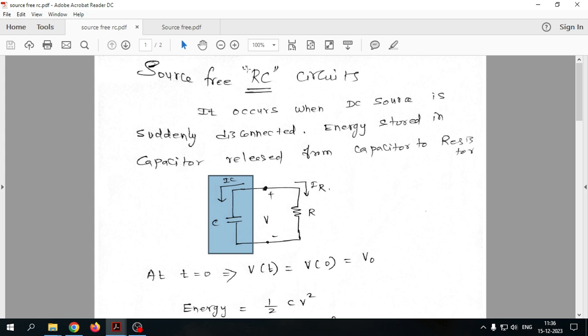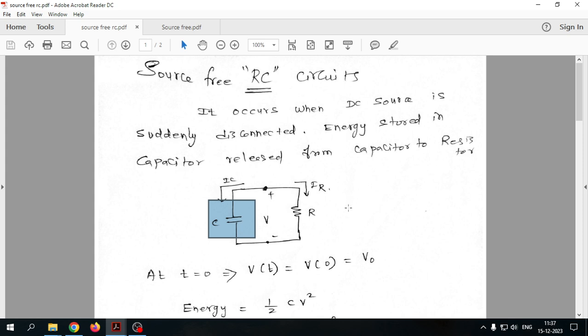As far as the RC circuit is concerned, we have only a capacitor and resistor combination, so before the source is removed, charging happens in the circuit. The stored energy is there in the capacitor, and it will discharge once the source is removed. The stored energy will find a path to discharge. How the discharge happens, and at what rate, is what we are going to see in the source-free RC circuit.